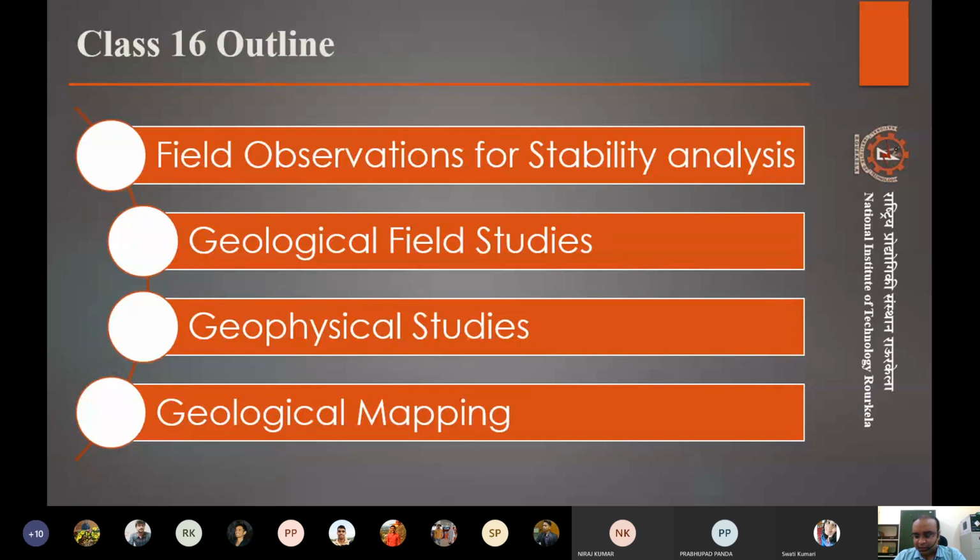These things are quite an intrinsic part of a geological study, but they are not very deeply understood in terms of mining engineering. That's why many times as mining engineers we fail to understand what is actually going on inside.